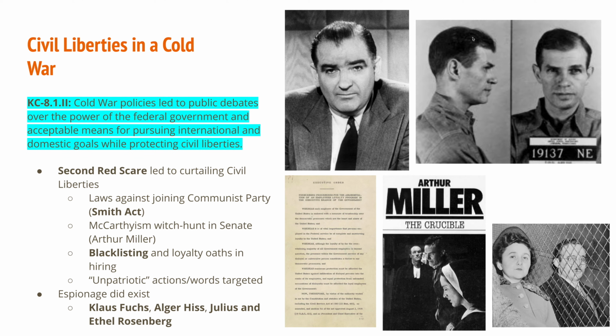And finally, Julius and Ethel Rosenberg, who were executed. At the time, it seemed like a very extreme course of action, being executed for treason. But it turned out that both Julius and Ethel Rosenberg were, in fact, spies for the Soviet Union.